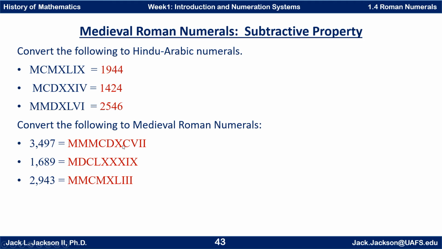So that's going to be a C minus an X, so it'd be an XC. And a 7 is a 5 plus 2 more, so it's going to be a VII. So it's M, M, M, C, D, X, C, VII.